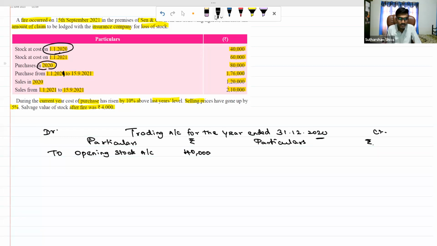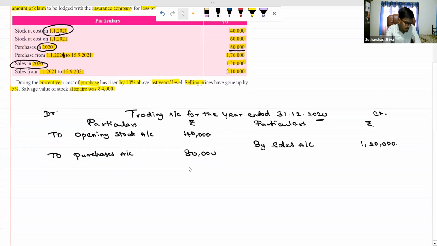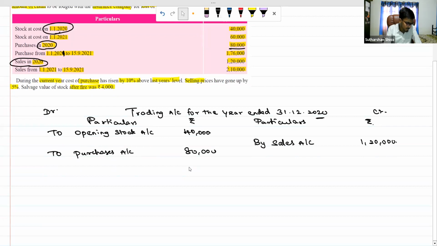Then purchases in 2020 is given, that is 80,000, so to purchases account 80,000. Then sales information is given, so we will write by sales account 1,20,000. Any direct expenses given to us? No, they don't give direct expenses.